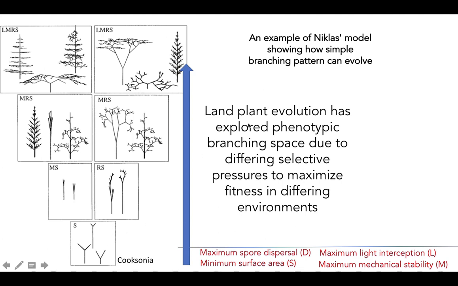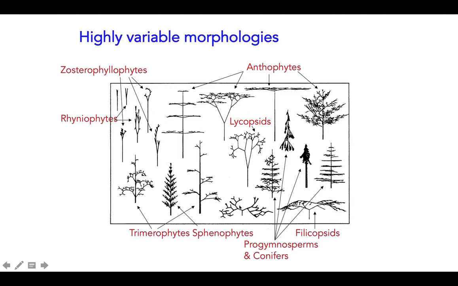In general, land plant evolution has explored this phenotypic branching space due to differing selective pressures to maximize fitness within differing environments. And again, these highly variable morphologies, oh my goodness, we've seen some of these things. We've seen some of these rhyniophytes, the zosterophyllophytes, these various different trimerophytes, these progymnosperms, conifers, and even angiosperm branching morphologies.